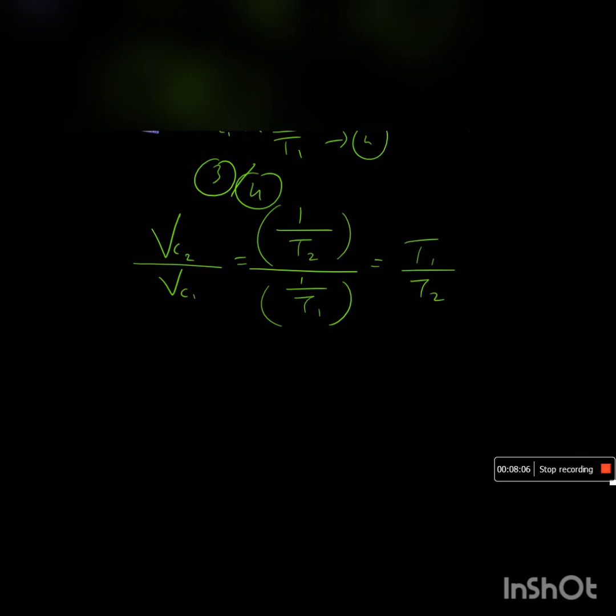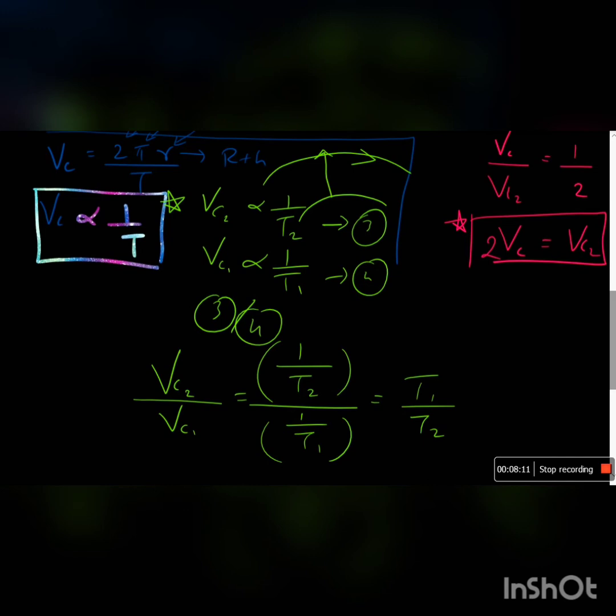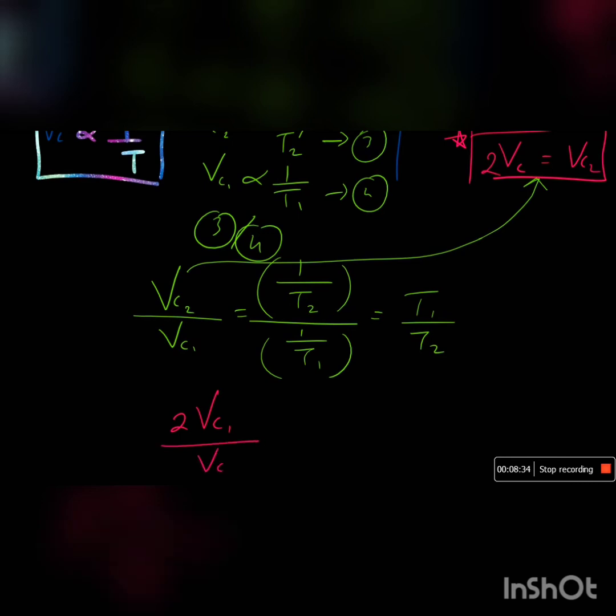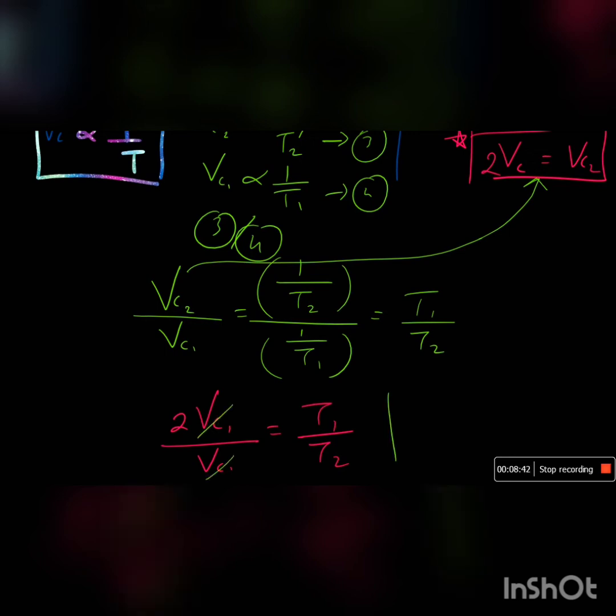Critical velocity 2 is twice that of critical velocity 1. So if we substitute that value, 2 times Vc1 upon Vc1 equals T1 upon T2, so this goes off, and we get T1 equals 2 times T2.